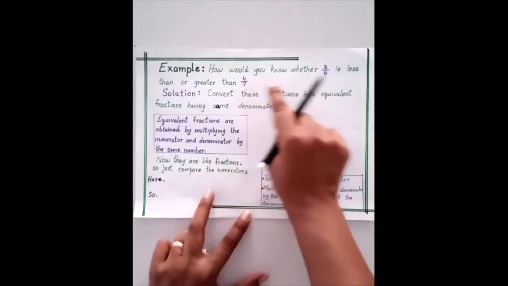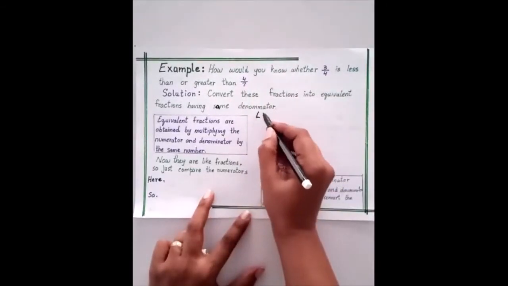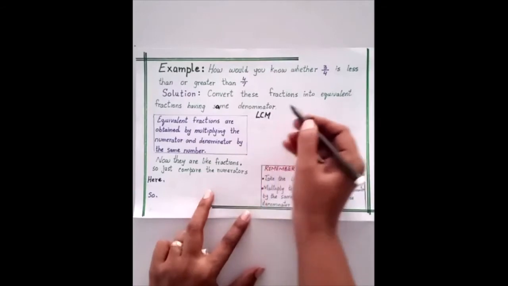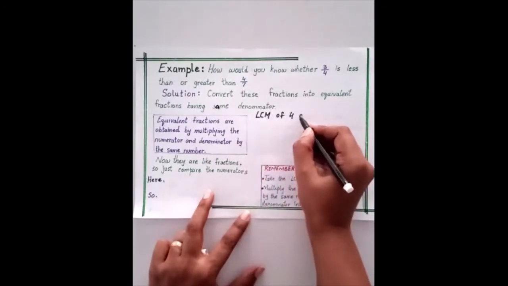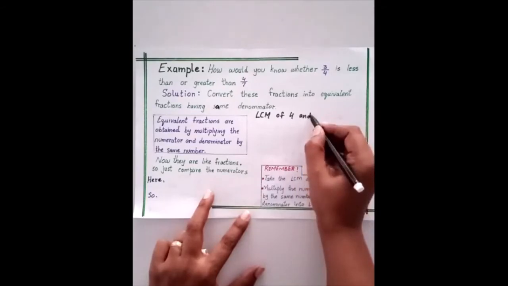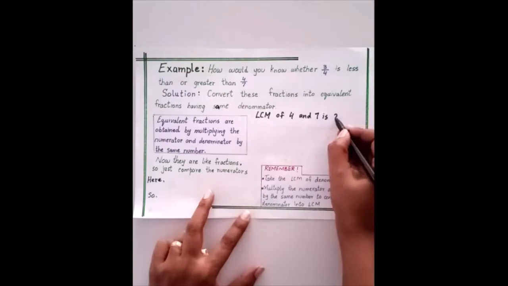Okay, first of all we will take the LCM of 4 and 7. LCM of 4 and 7 is 28.